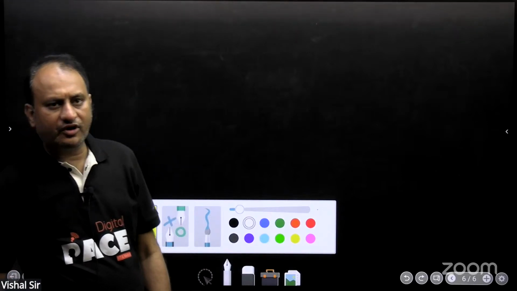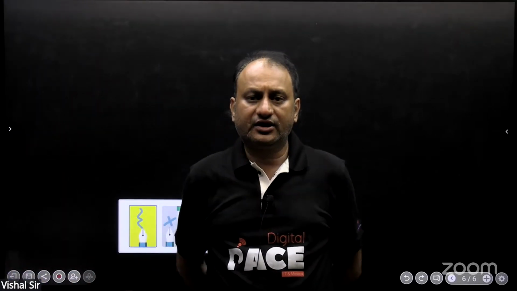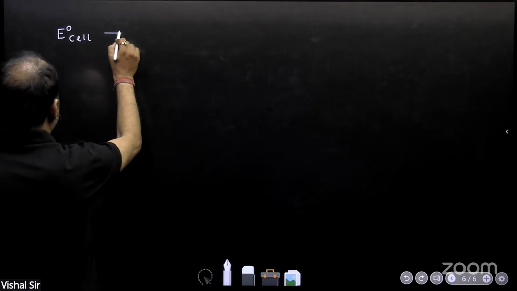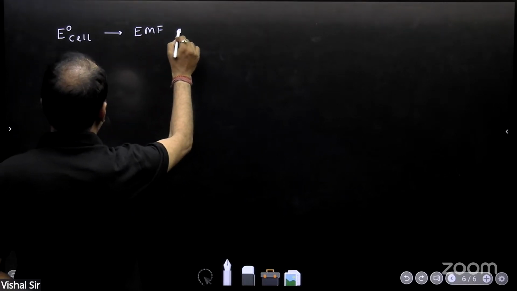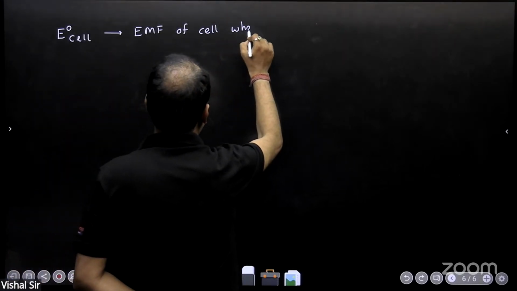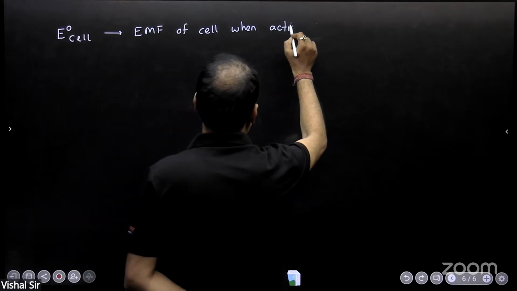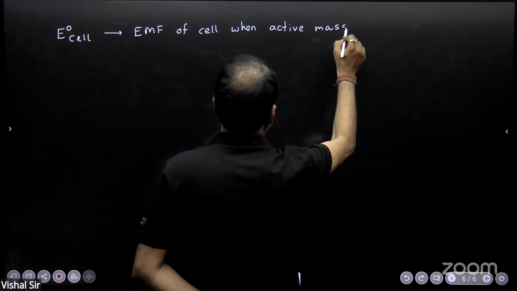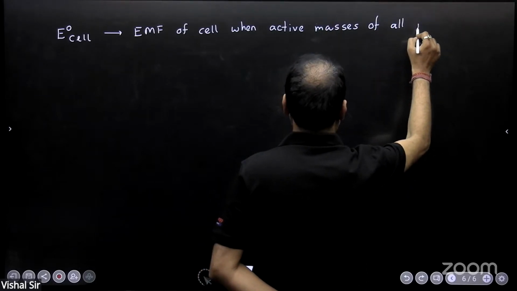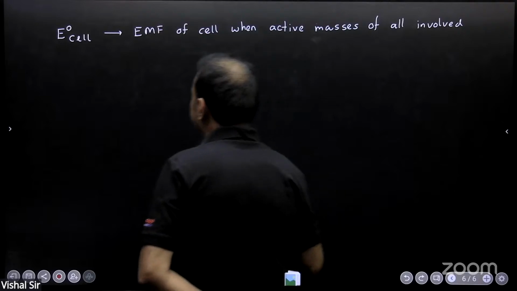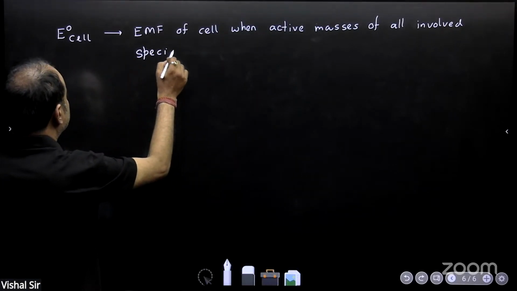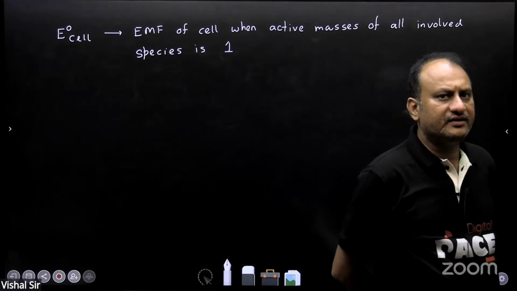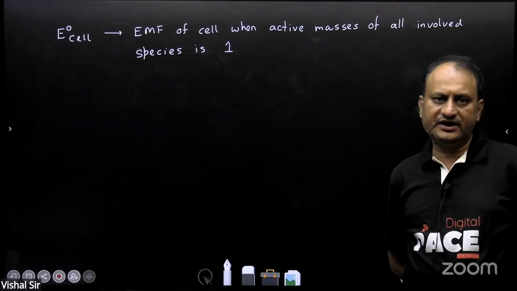Now, the next thing what we can discuss. So this was calculation of E naught cell, and E naught cell, you should know, is EMF of the cell when active masses of all involved species is 1.